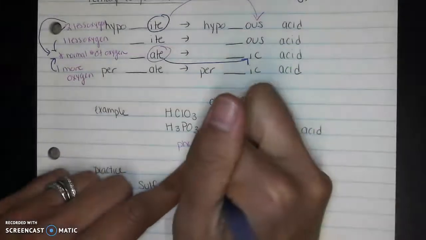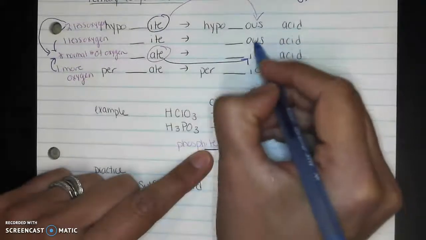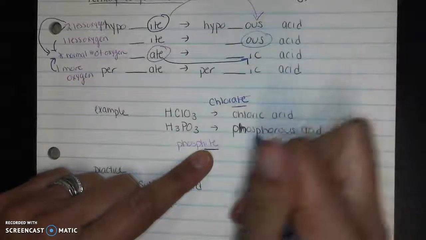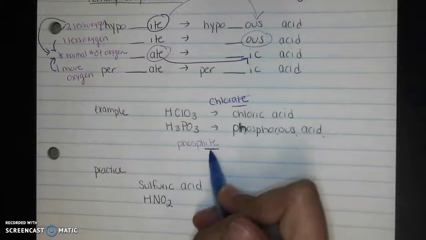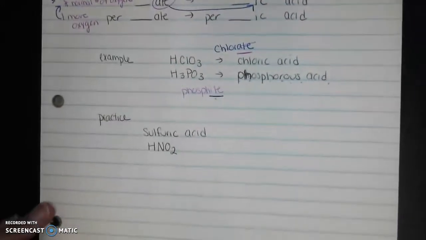So because I have an ite ending, it becomes an ous ending. So this one's going to become phosphorous acid. Ite to ous.